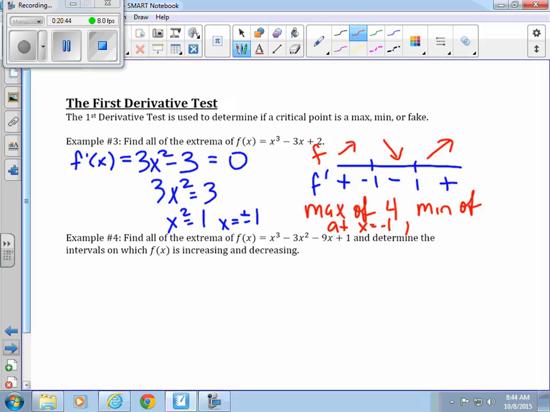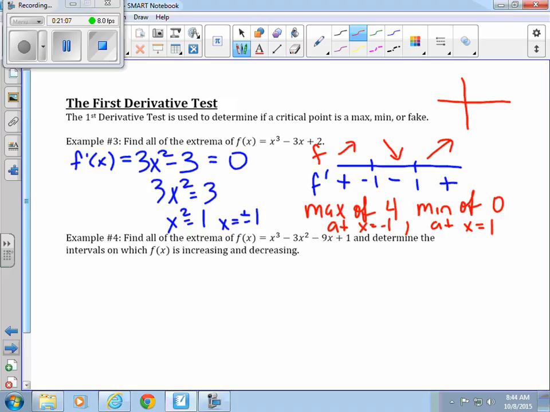Min of plug in 1 minus 3, which is negative 2, equals 0. Now, this is all the question asks me to find. I'm done, but I just want to show you how much I know about this cubic, which is pretty amazing.